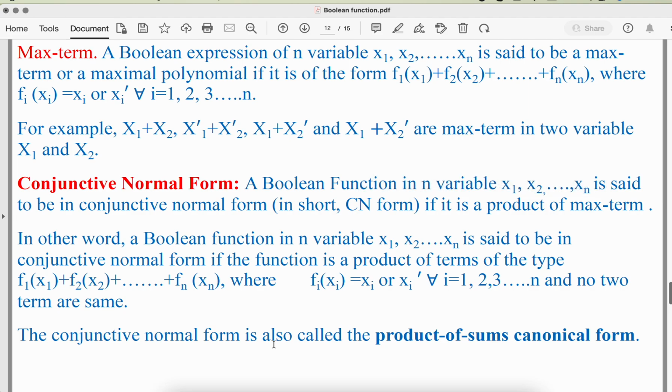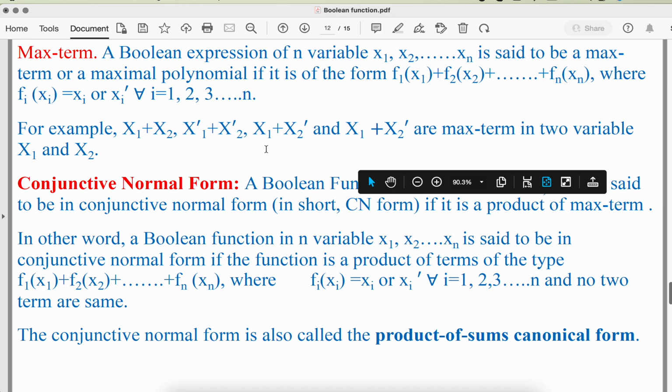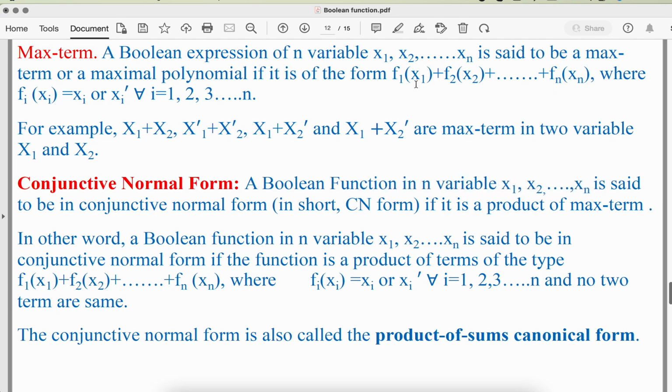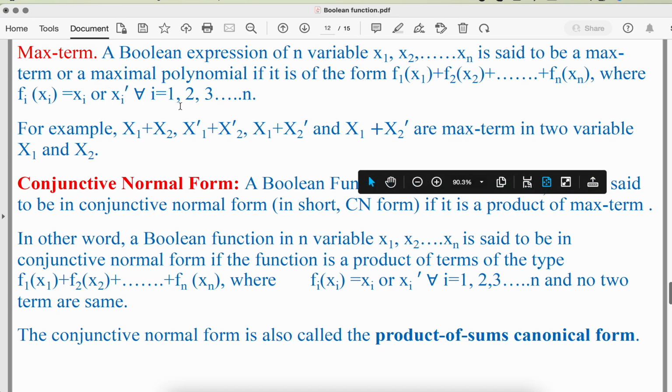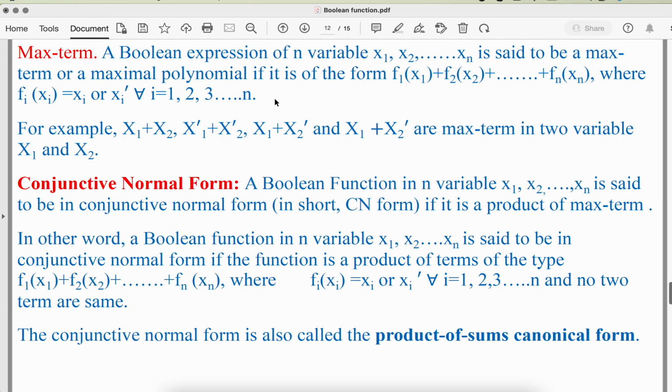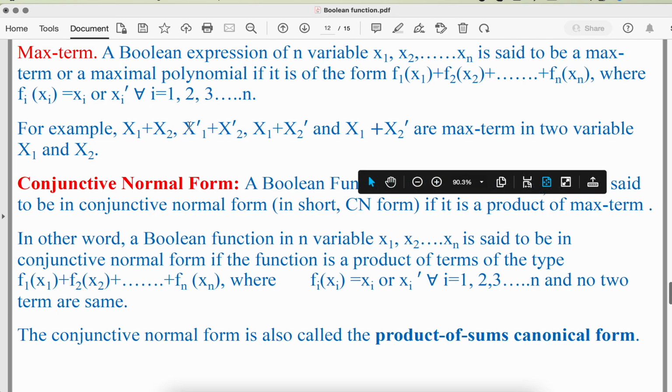Now, max term. A Boolean expression of n variables x1, x2, ..., xn is said to be a max term or a maximal polynomial if it is of the form f(x1) + f(x2) + ... + f(xn), where f(xi) is equal to xi or its complement for each i equal to 1 to n. If there are two variables x1 and x2, then x1 + x2 is a max term, x1' + x2' is a max term, x1 + x2' is a max term.